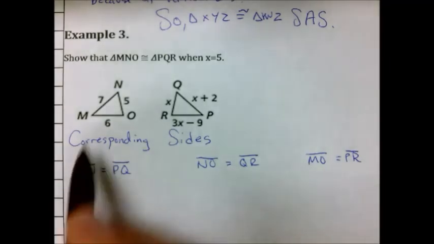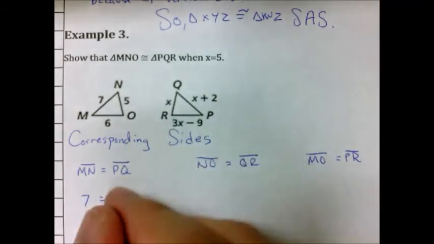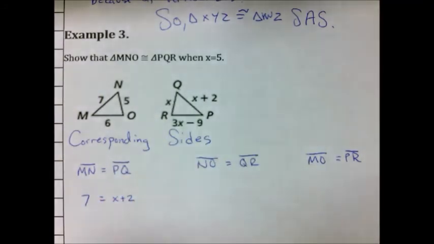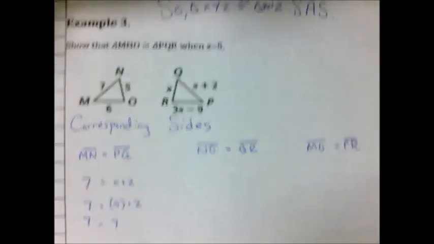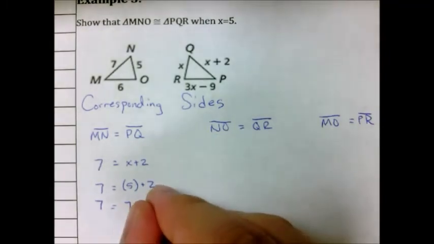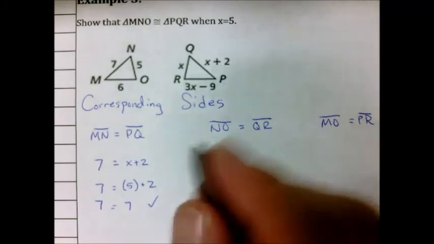We know MN is a value of 7, and PQ is x plus 2. Okay, and if x is equal to 5, then all we have to do is plug in 5 for x, and 5 plus 2 is 7. That means that that is true. Okay, those sides do equal each other. Okay, and we just need to do that for each of these.